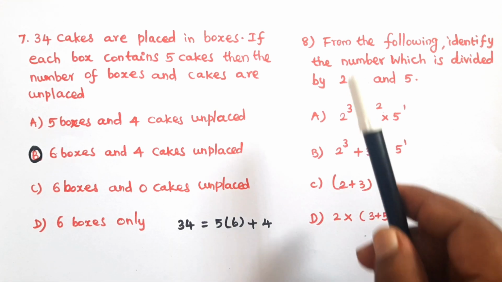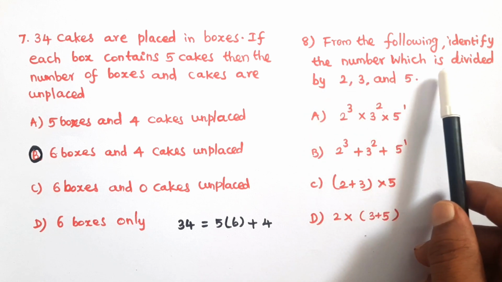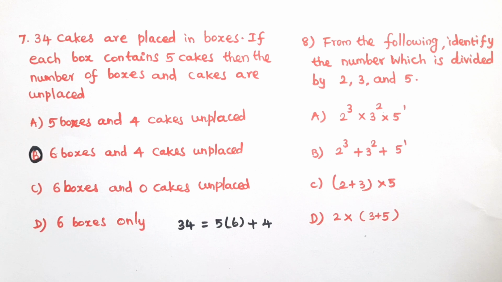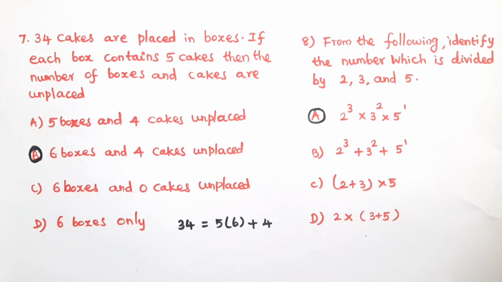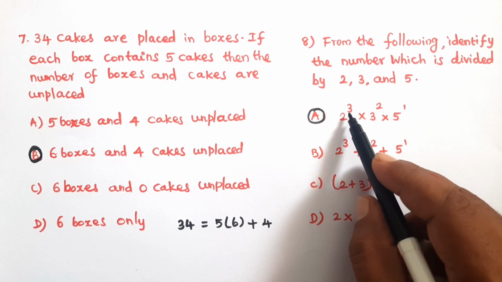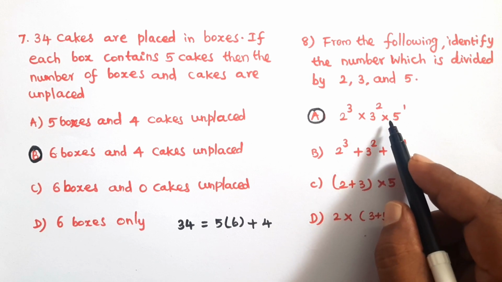Question number 8. From the following, identify the number which is divisible by 2, 3 and 5. For this one, option A is the correct one. Dividing this number by 2, we get 2 square into 3 square into 5.